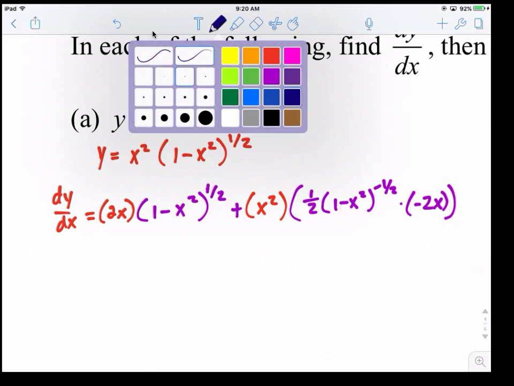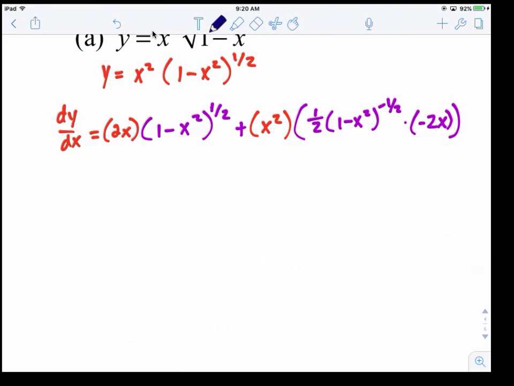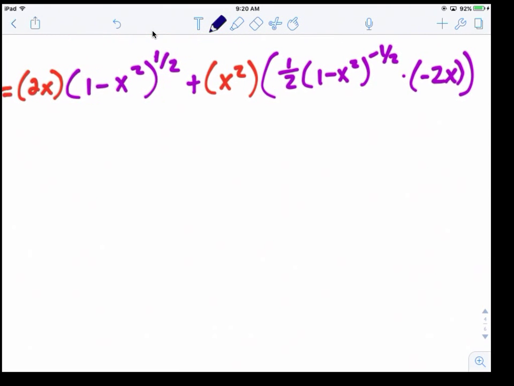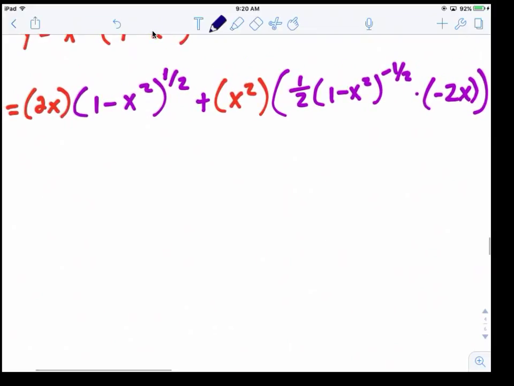Okay, so try and clean this up if we can. So the first part, I really can't do anything. So I'm going to leave that as 2x times 1 minus x squared to the 1/2. And then the second part, I have 1 times 1/2 times negative 2.